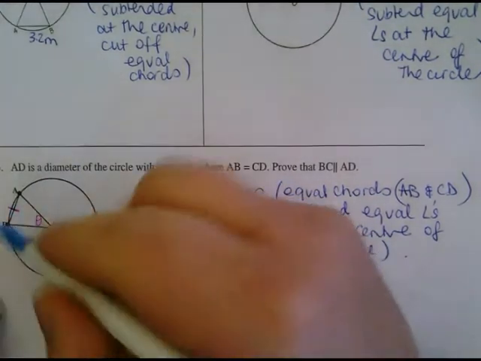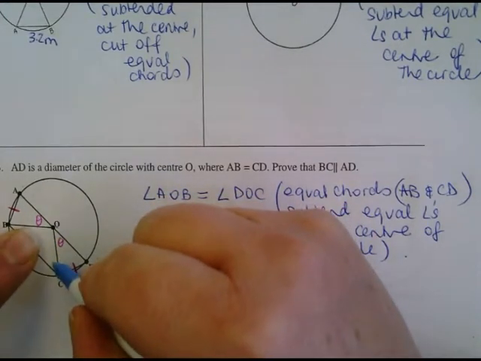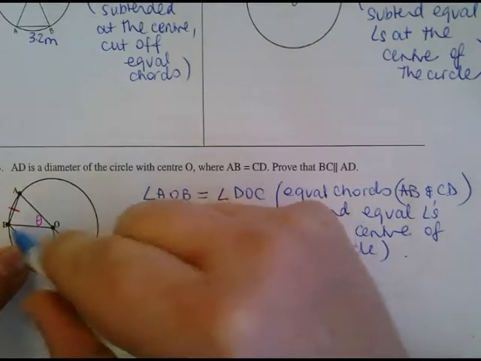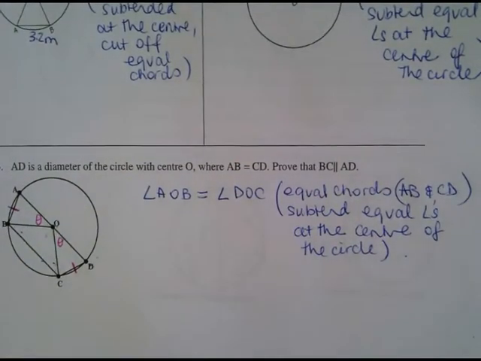Now, to prove parallel, I've got to prove that these base angles are theta. If I can prove that these are theta, I can do alternate angles. So what am I going to do here? Can I find the size of this one?